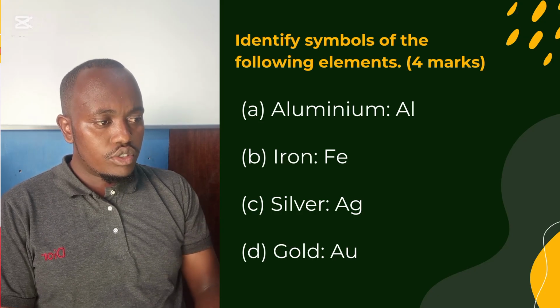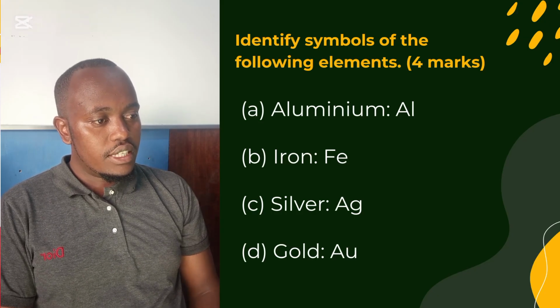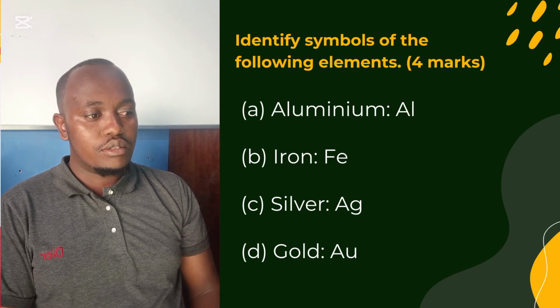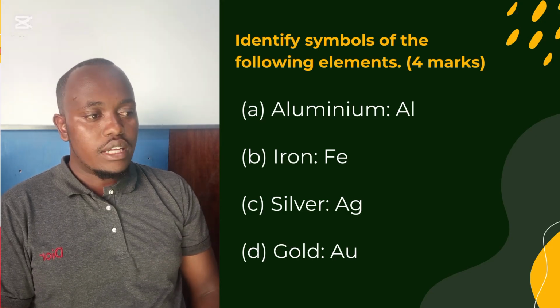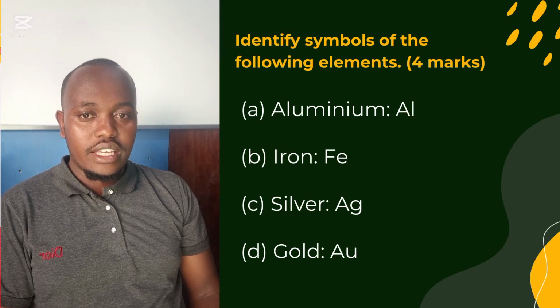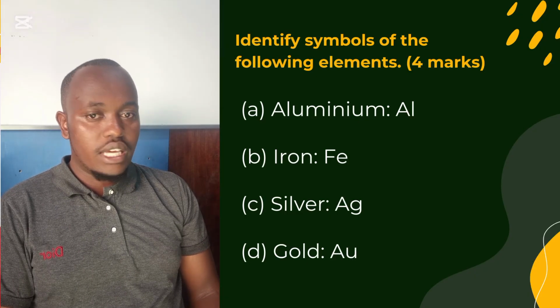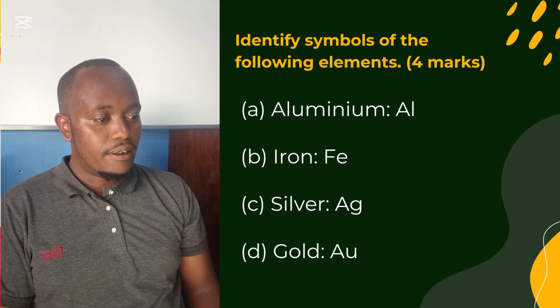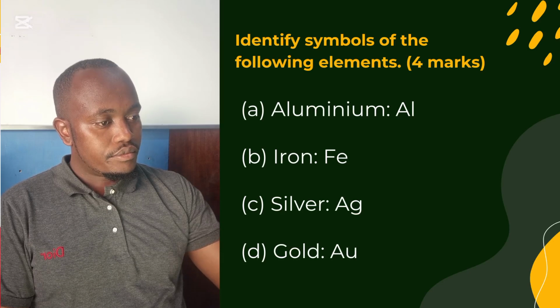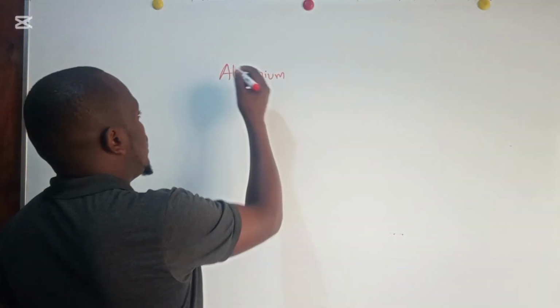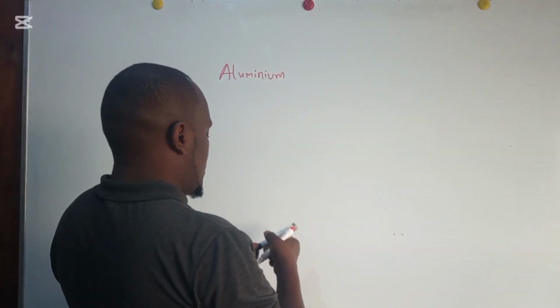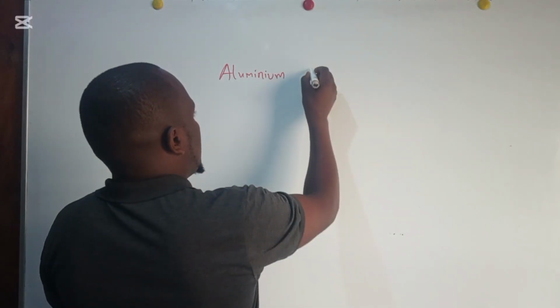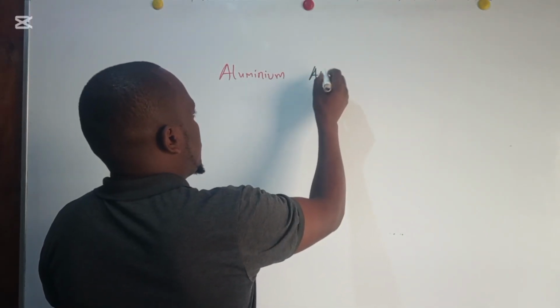So I'm going to attach a video here discussing many other elements so that the next time they bring another set of elements in the exam, you'll be able to get it right. The symbol for aluminium is Al.